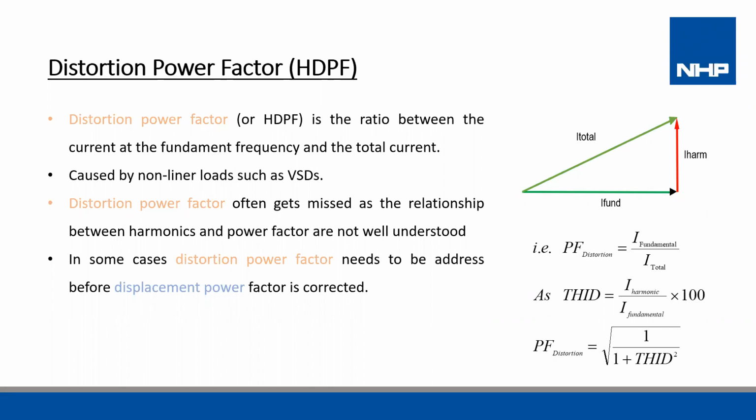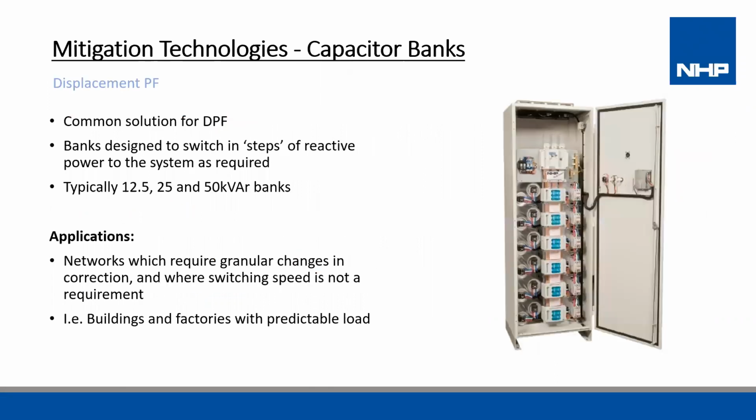Now let's look at some commonly used mitigation technologies in the industry. The most well-known solution in the industry is through the use of capacitor banks. They're the most common solution used for correction of displacement power factor.